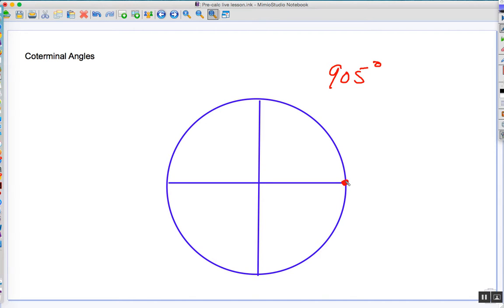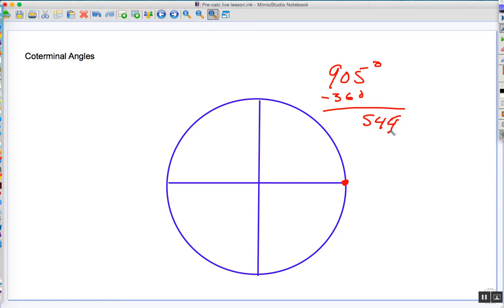So if we start here on the unit circle and go around once, that's 360. So I'm going to subtract 360. So 905 minus 360 puts us at 545 degrees.